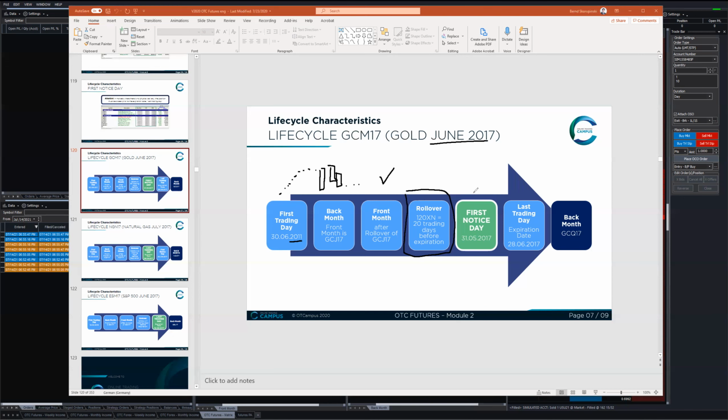Because if you kept this contract on that day, you would basically declare to fulfill either buy or sell, here in this case, physical gold, right? And the period from here to here is just for the exchange, for the buyer and for the seller. This is the settlement process, but there's no trading activity here.